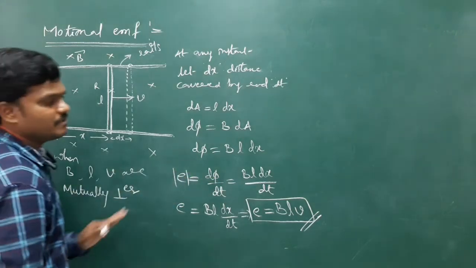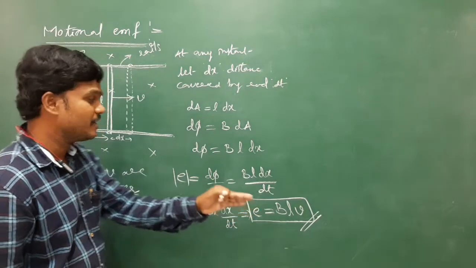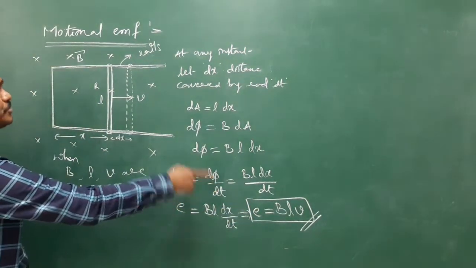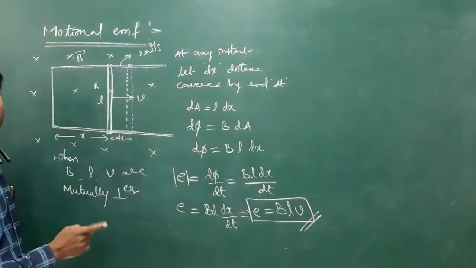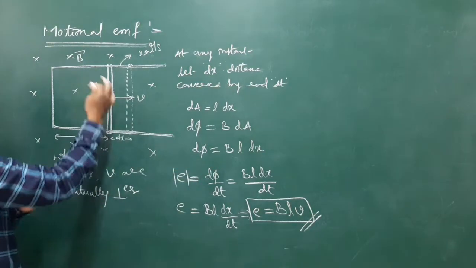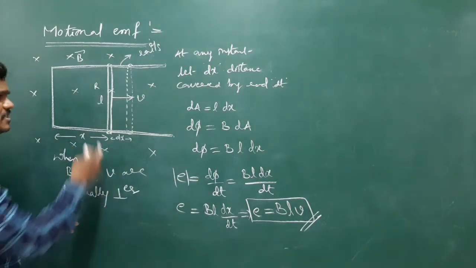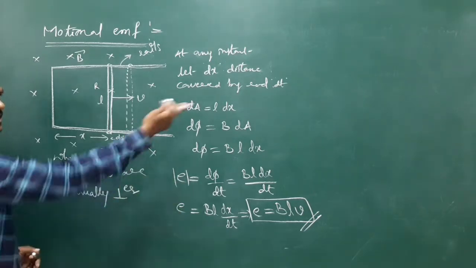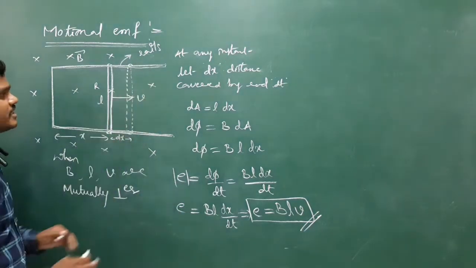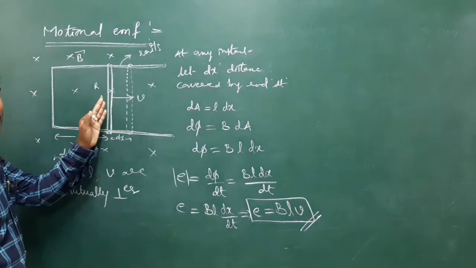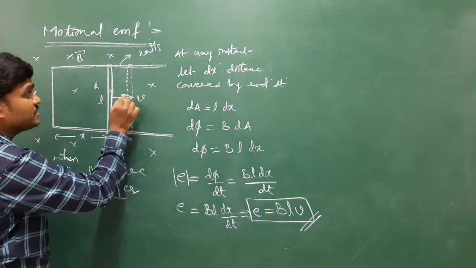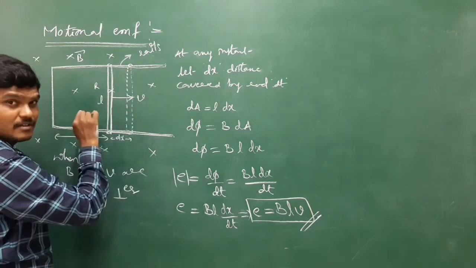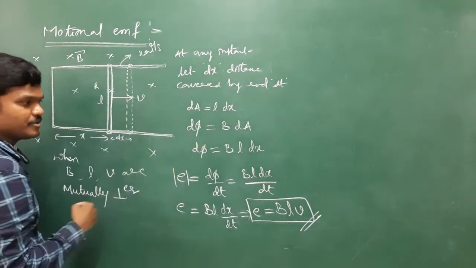So when B, L, V are all perpendicular, then the motional EMF in a rod is BLV. If it makes some angle, again it is different, I am giving it directly now. Let me extend it in some applications. I am going to extend how EMF will be there, and this moving rod we can generally replace with a battery symbol.